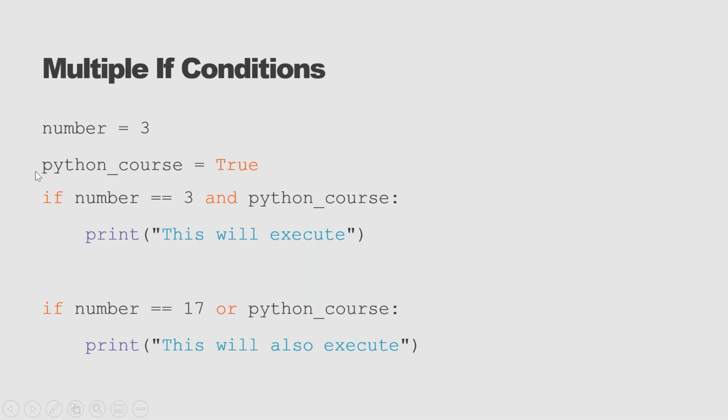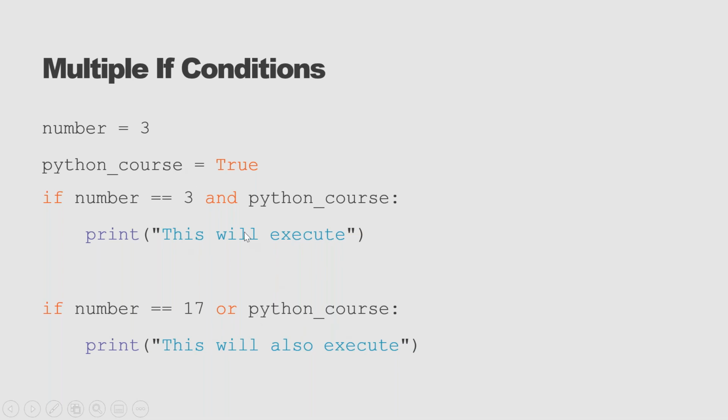Multiple if conditions, see here. There is one condition here, and in the condition itself you are adding the truthy table. Here number is equal to 3, yes, it's true, and Python course is set true, yes, true. True and true, this will execute. Here or, so the first condition is true, or Python course is true also, so this will also execute.